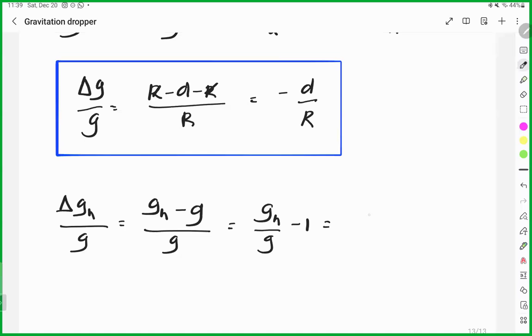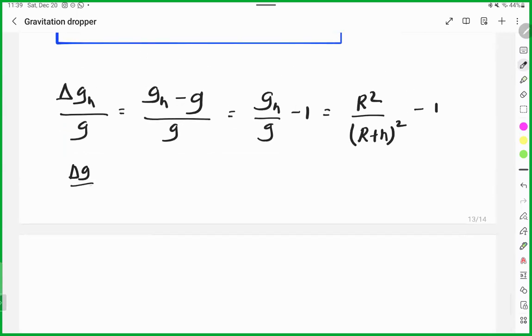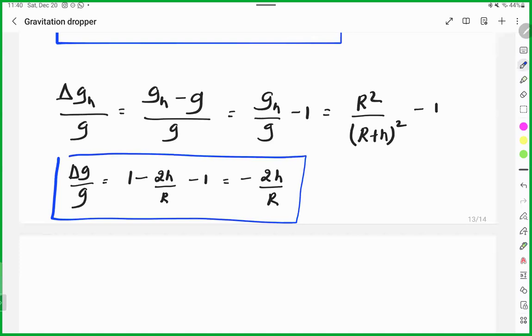If we take the normal case, then g_h by g was R square divided by (R plus h) whole square, minus 1, correct? And if you take the special case, where the height is very small, then you can take delta g by g equal to 1 minus 2h by R, minus 1. So can we say it will be equal to minus 2h by R? Yes or no, guys? Again, the negative value shows that your gravity is reducing with height.